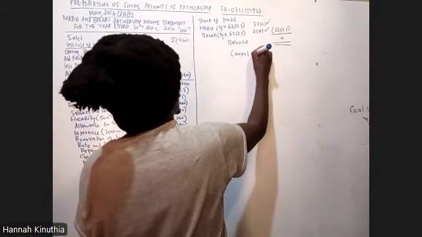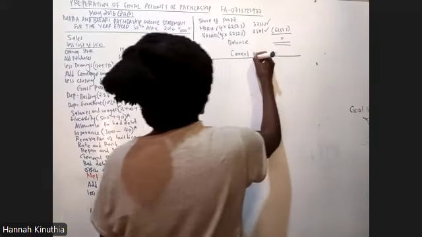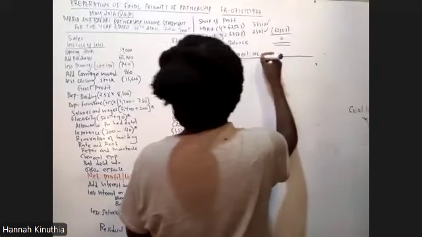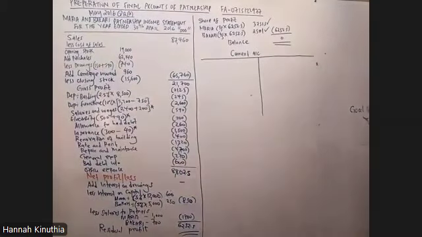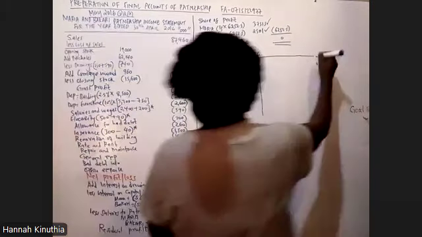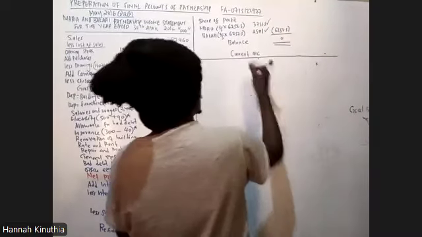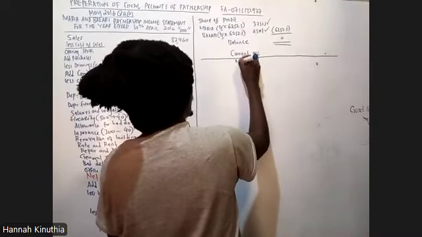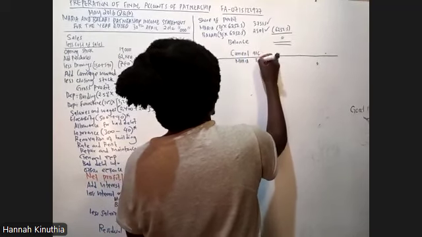So current account. So the partners walikuwa wawili, Maria and Bakari. So we have Maria and Bakari.